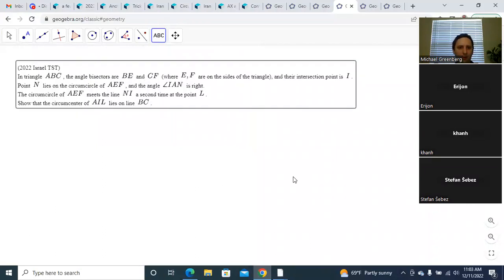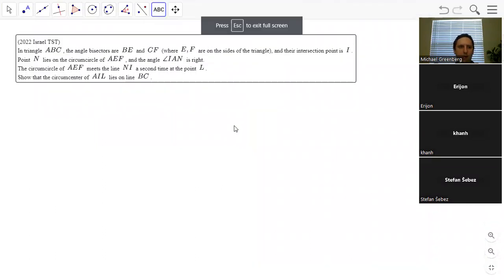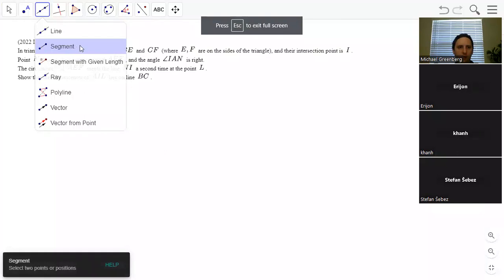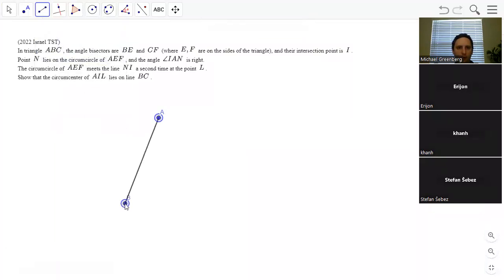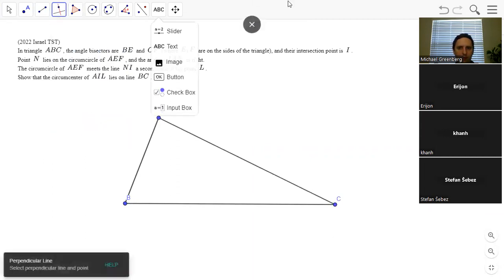How about this one? We have a triangle ABC, and we draw the angle bisectors. So this one might be easier. Let me draw the N circle.